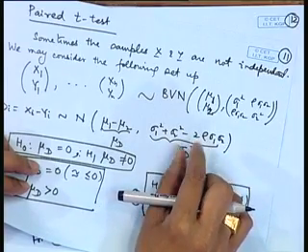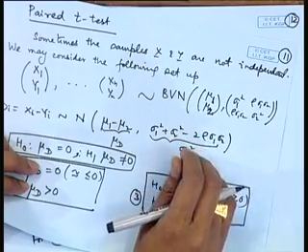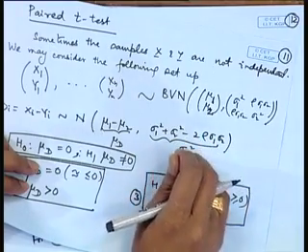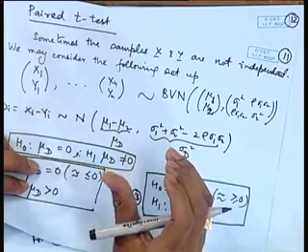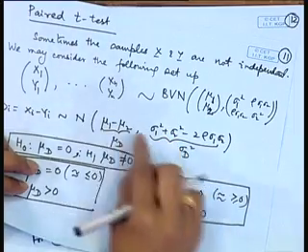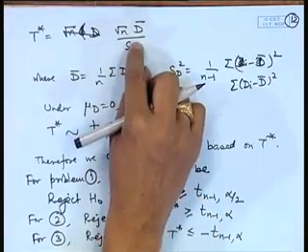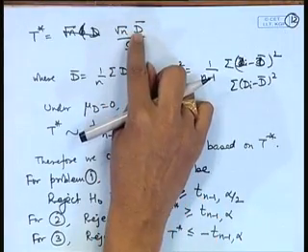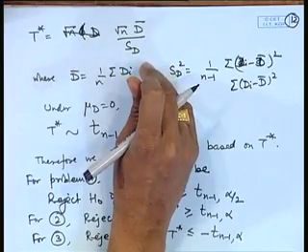That means the test is becoming more sensitive, because if this value is becoming smaller, then in the ratio you are dividing by a smaller value in this statistic. So, this value is becoming larger, that means there are more chances of rejection.